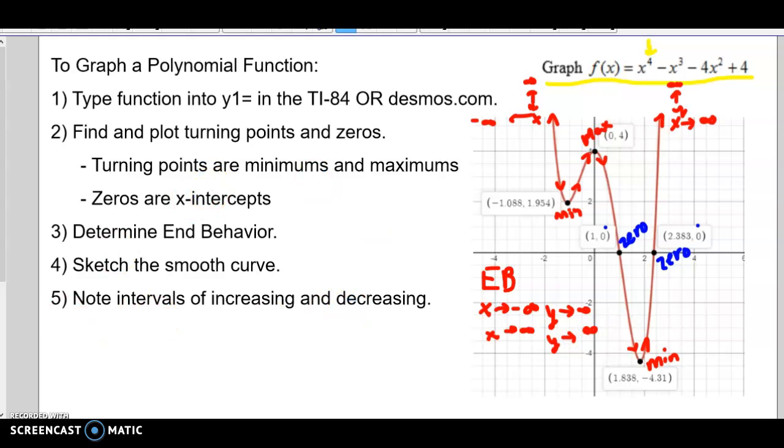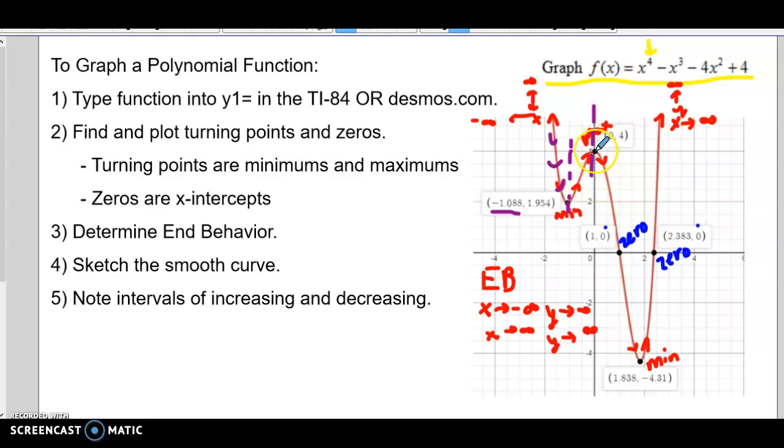And then increasing, decreasing, I kind of mentioned as I went along, but as I come in from the left, I'm decreasing. And I mentioned in terms of mins and maxes. Here at this minimum, right here is where I switch. So from negative infinity to here, I'm going down. From negative 1.1 until 0, I'm going up, so I'm increasing.